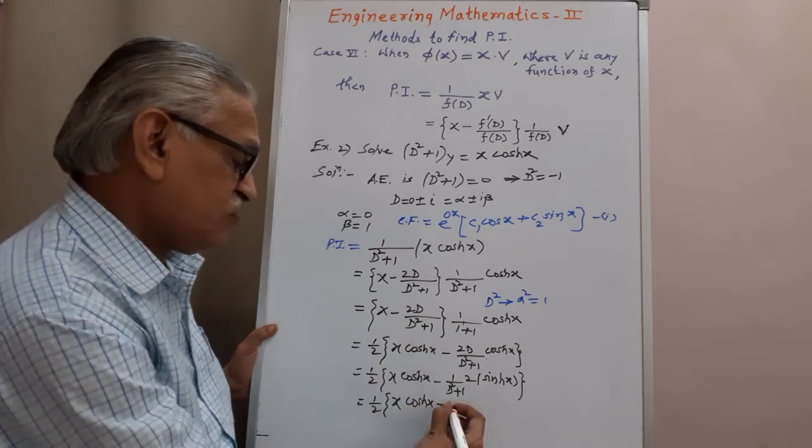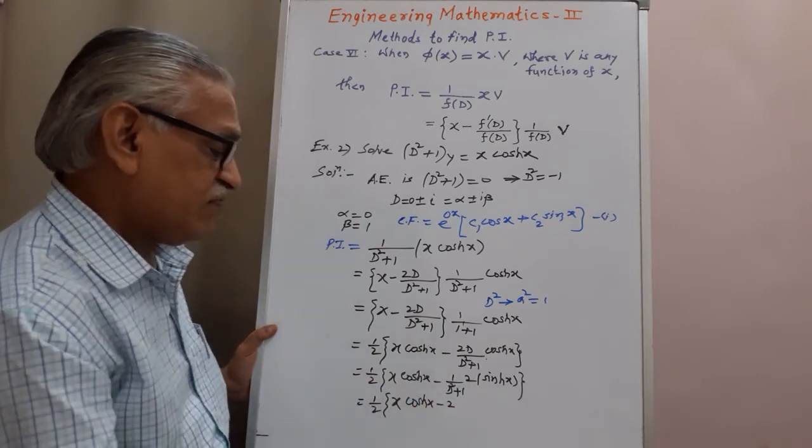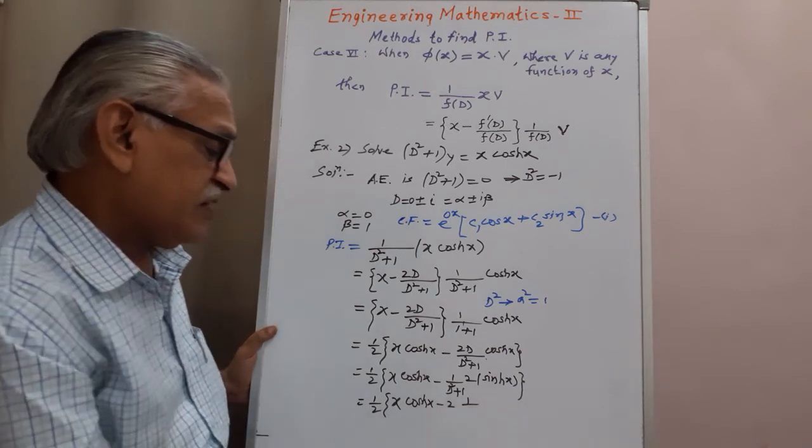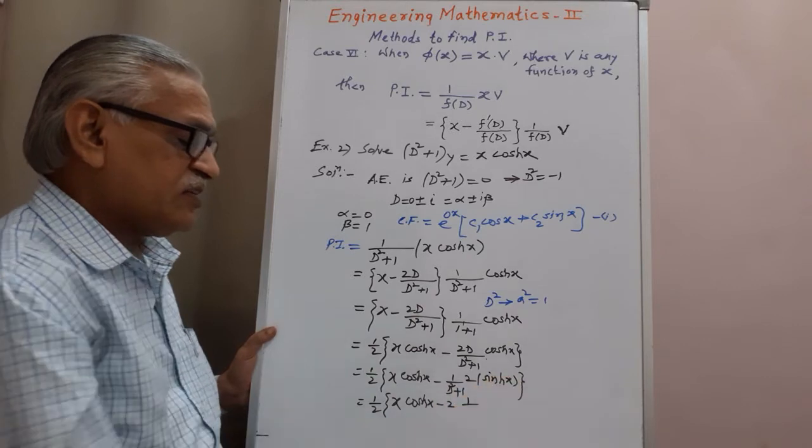minus 2, constant before the operator, 1 upon D square plus 1 operated on sin hx.